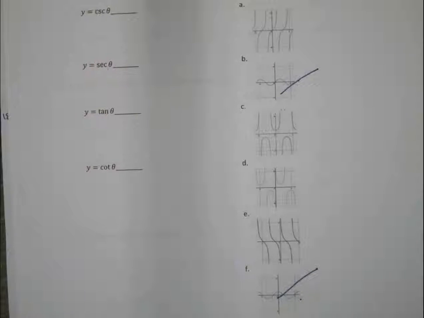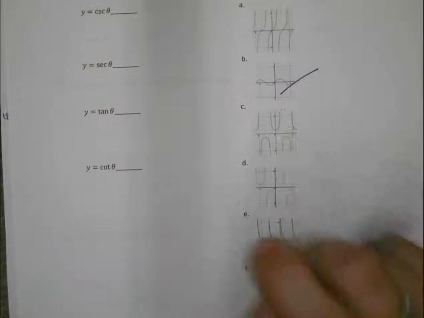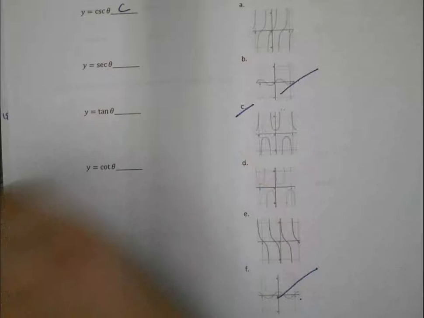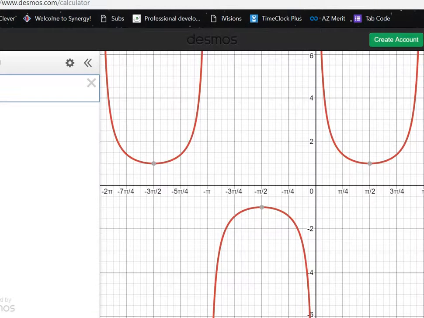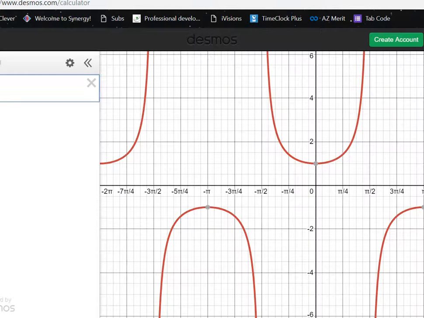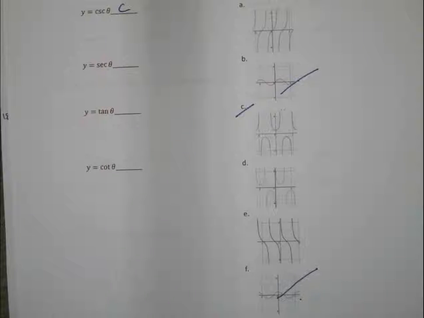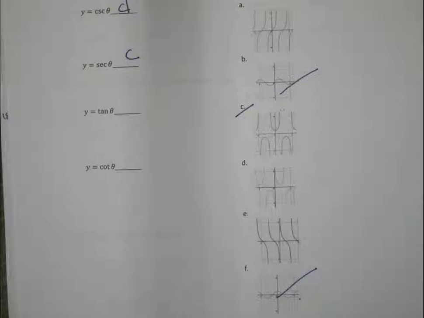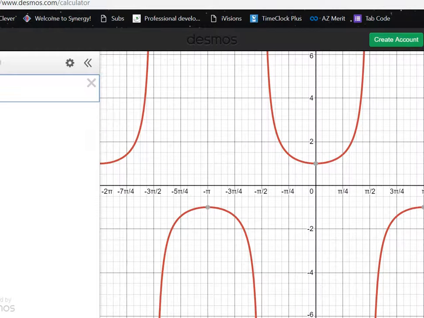So if I go back to my paper, cosecant is the C choice. Okay. Then I'm going to go graph secant. This one is right on there. Why did I pick... Okay, I picked the wrong one. I told you one thing and then put it in a different spot. I meant to pick D for this one. Sorry about that, guys. Okay, then I'm going to go graph tangent.